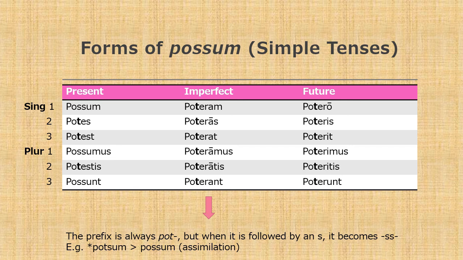This phenomenon is more complex than I explained it, and it's called assimilation, and one day we will talk about that. For now, you just have to know that since potsum was very difficult to pronounce, it just became possum.